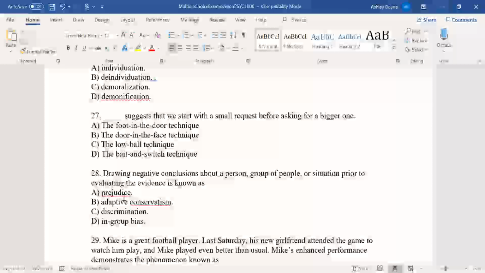Okay, so number 24. So the emphasis on group unanimity at the expense of critical thinking is called A, de-individuation, B, conformity, C, obedience, or D, groupthink.